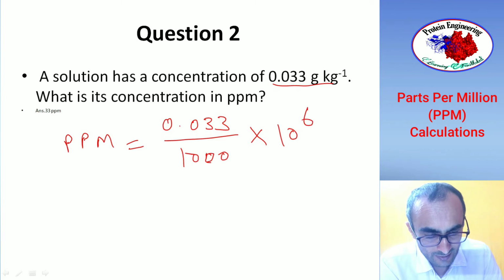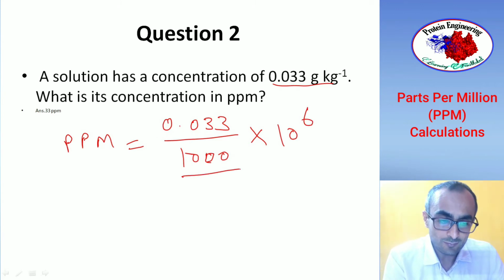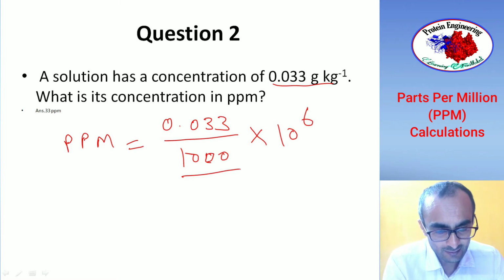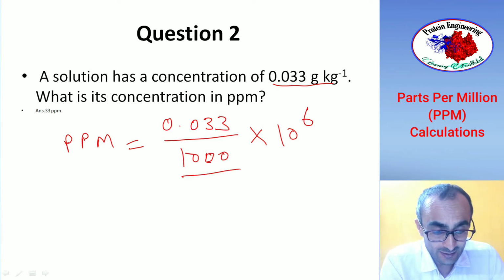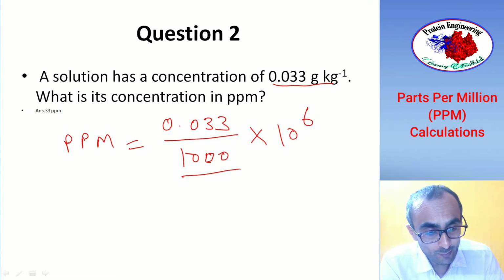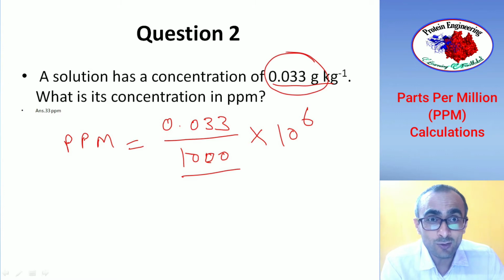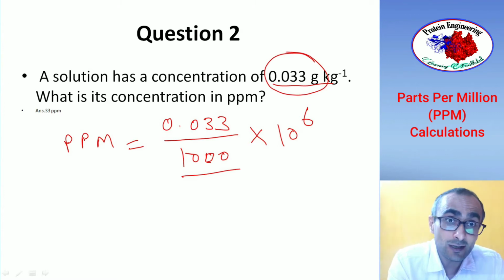So this 1000 is basically the mass of solvent, but you remember here we have not added the amount of solute, that is 0.033 gram, because that is too little. If you add 0.033 to 1000, it will not make much difference. So that's why you are not adding this amount of solute to the amount of solvent to get the total particles in the solution.